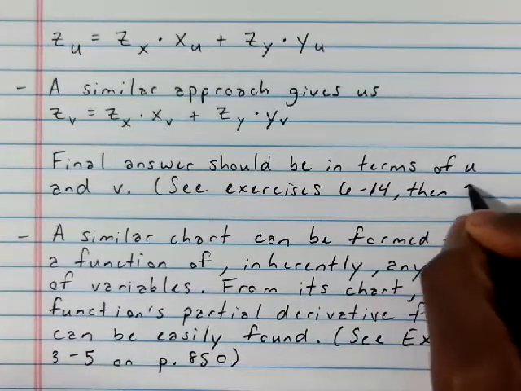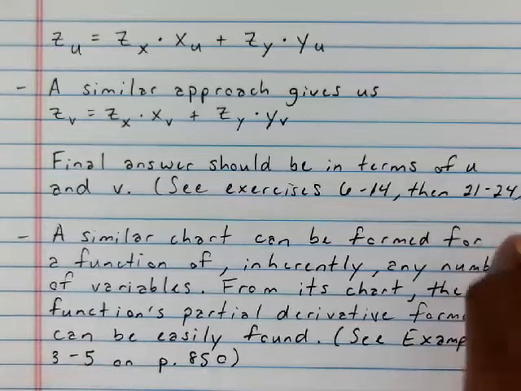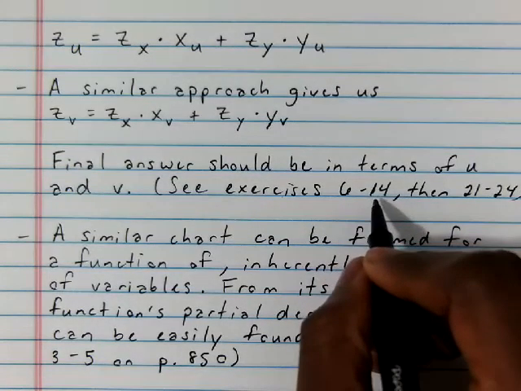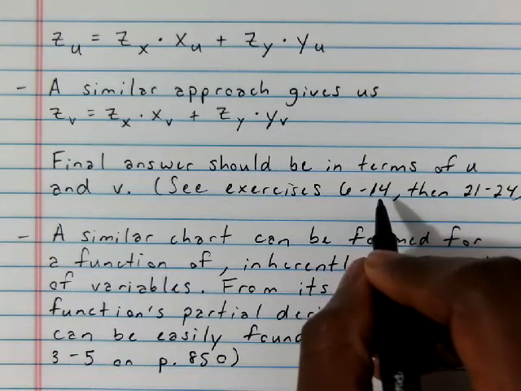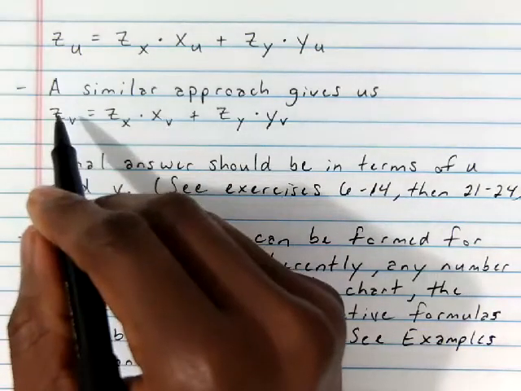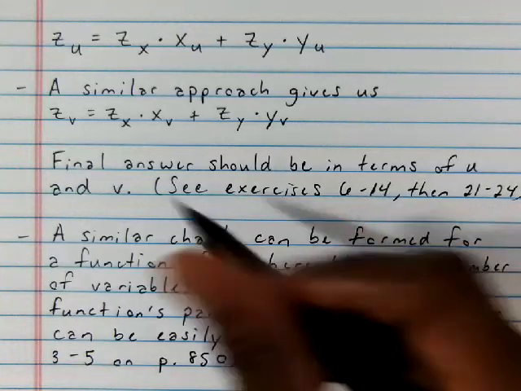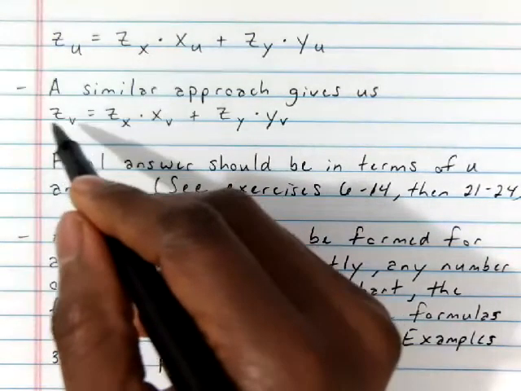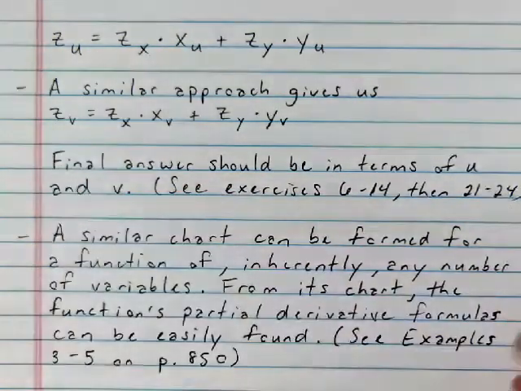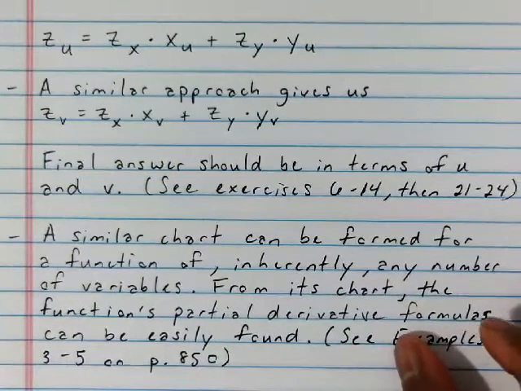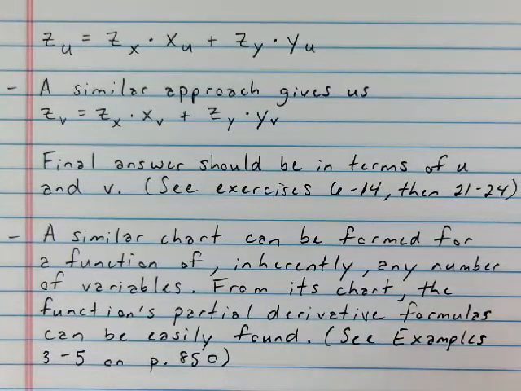then 21 through 24. So 6 through 14, your initial function, Z in that scenario, is a function of 2 variables. In 21 through 24, your initial function, they call it W, and it's a function of 3 variables, X, Y, and Z. So 21 through 24 have a little bit higher level of complexity.